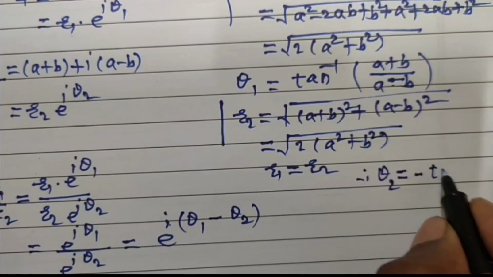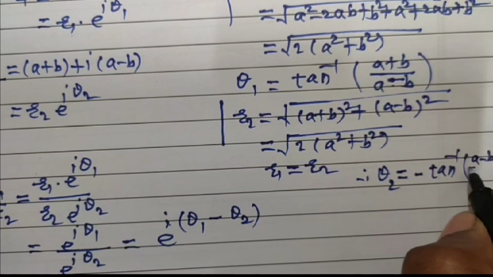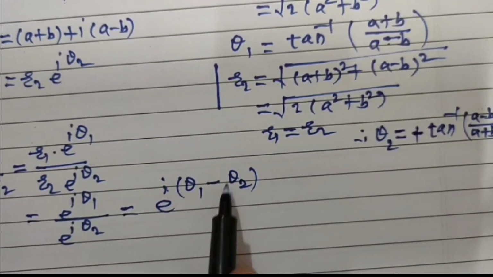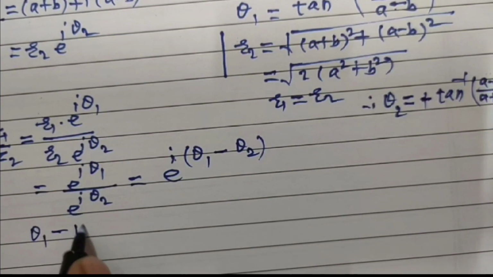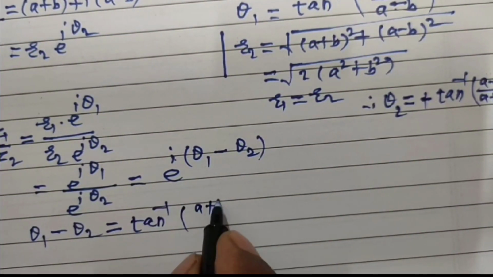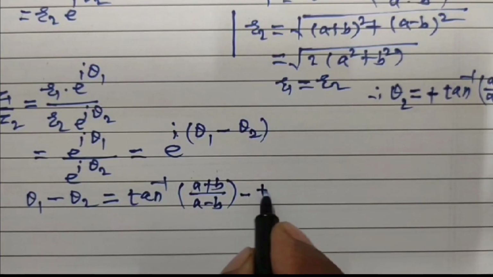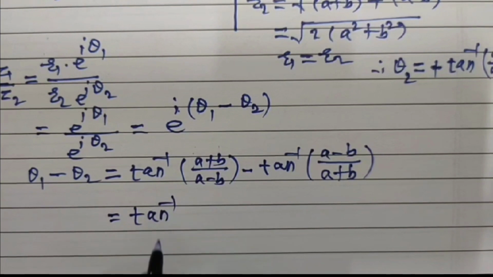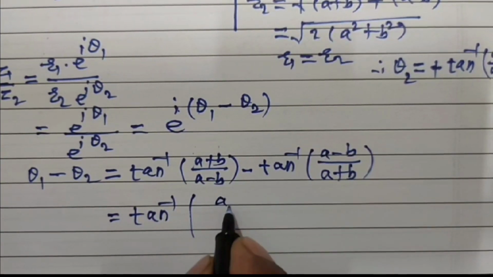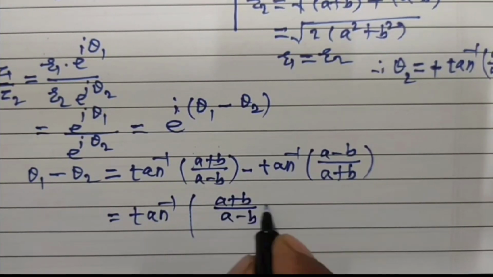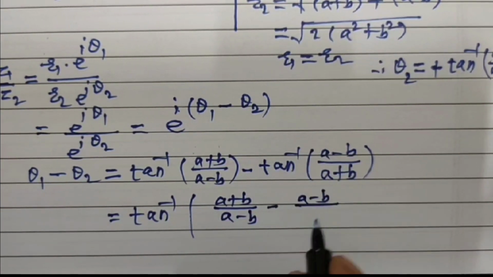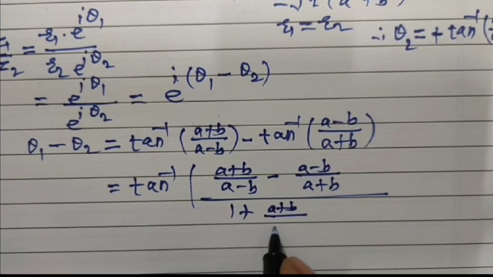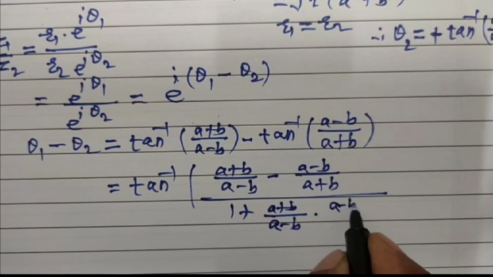But theta 1 is tan inverse of a plus b divided by a minus b, and theta 2 will be tan inverse of a minus b, imaginary part divided by real part, with plus sign. Now theta 1 minus theta 2, we want this. Theta 1 minus theta 2 is equal to tan inverse of a plus b upon a minus b minus tan inverse of a minus b divided by a plus b, which is equal to tan inverse of x minus y, means (a plus b upon a minus b minus a minus b upon a plus b) whole divided by 1 plus (a plus b divided by a minus b) into (a minus b divided by a plus b).